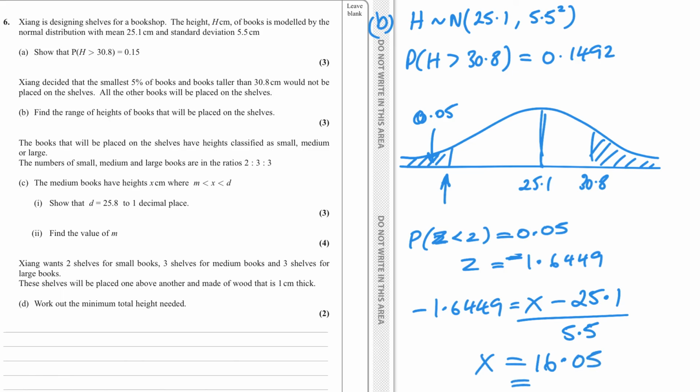And going to one decimal place like the other one, 16.1. Now what that means is my range is between 16.1 and 30.8.